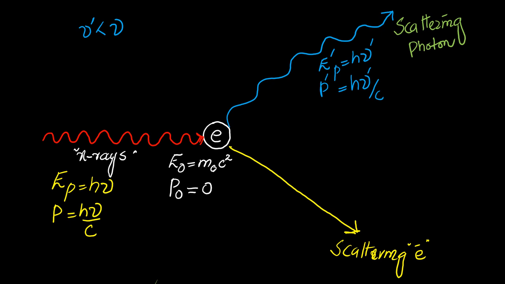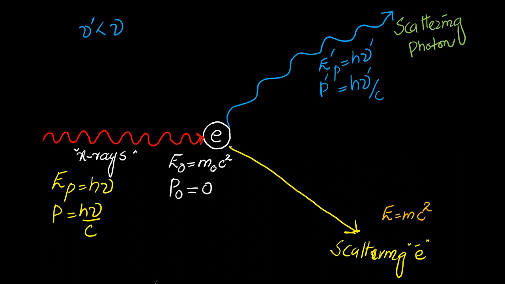Now similarly, dear student, the X-rays also cause the scattering of electrons, so the energy of the scattered electron will be E is equal to m c square.